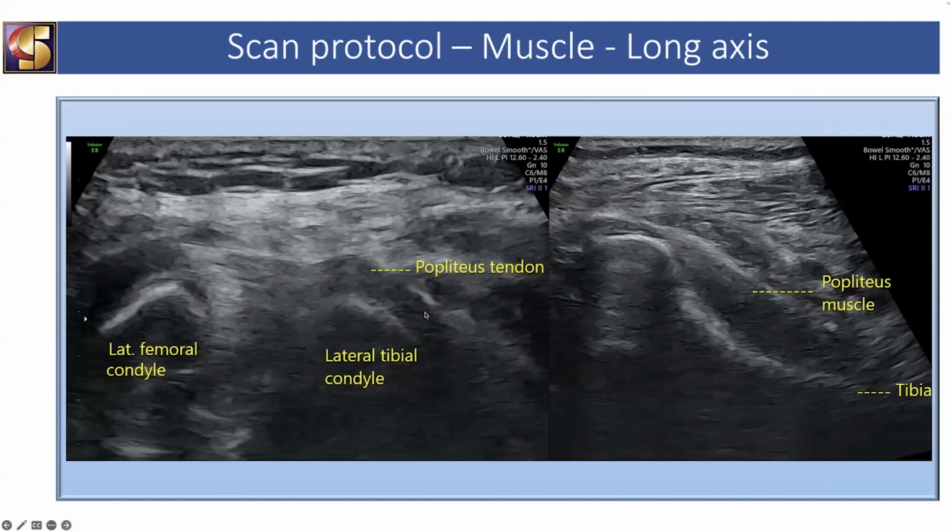And if we rotate the transducer slightly anti-clockwise, we can see this myotendinous junction and the tendon going towards the popliteal fossa. Here is the belly of the popliteus muscle. This is the tibia. And this is the myotendinous junction.